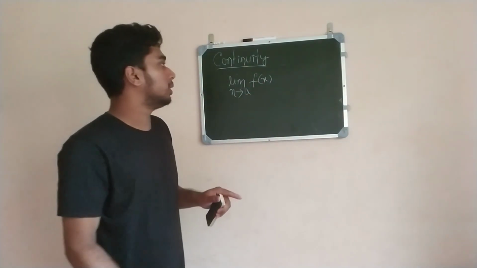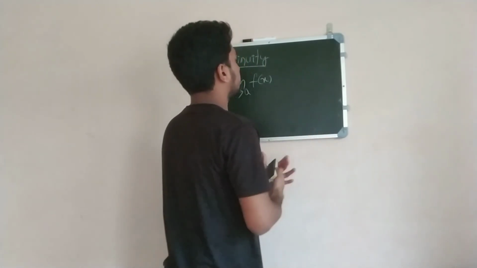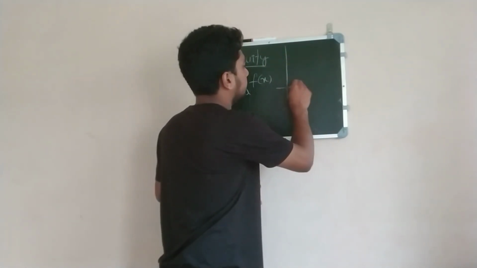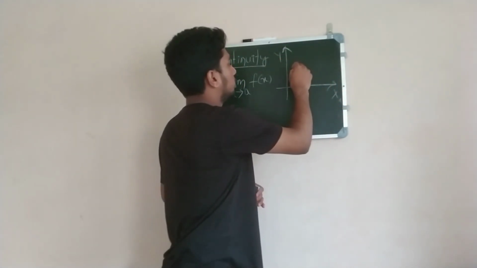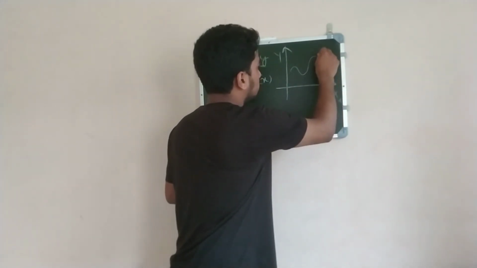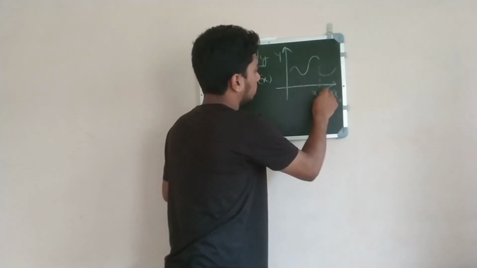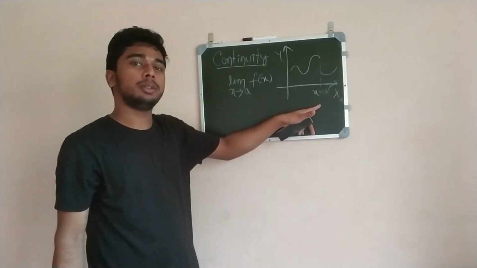The graph had a break here. This was the x-axis and this was the y-axis. I considered x is equal to a. So this is x is equal to a.